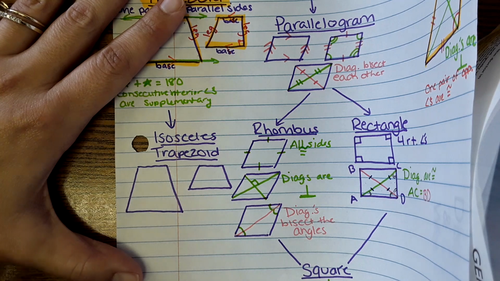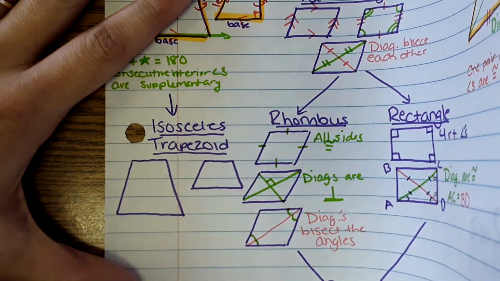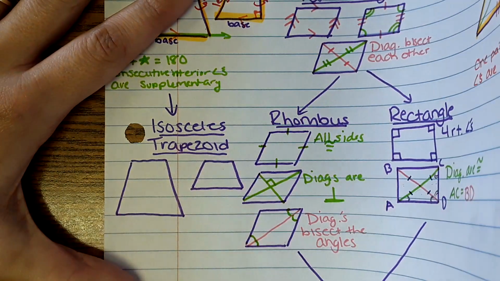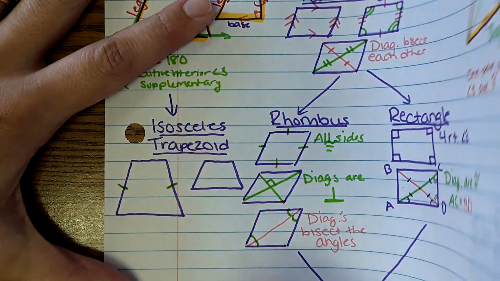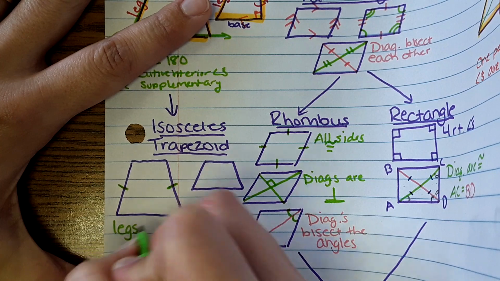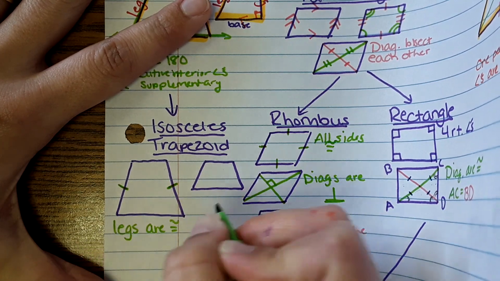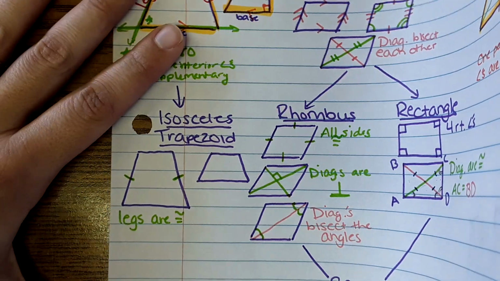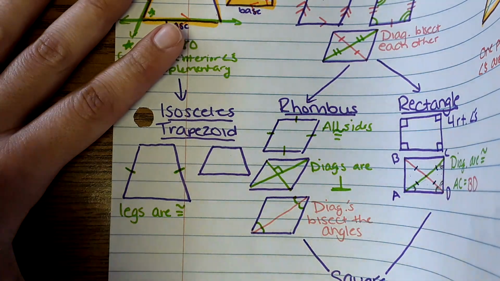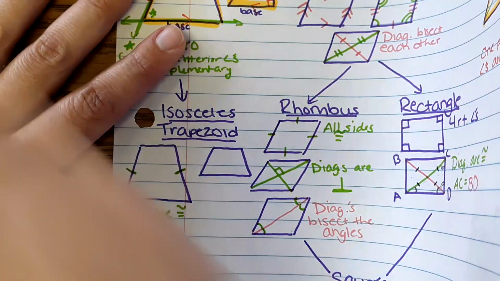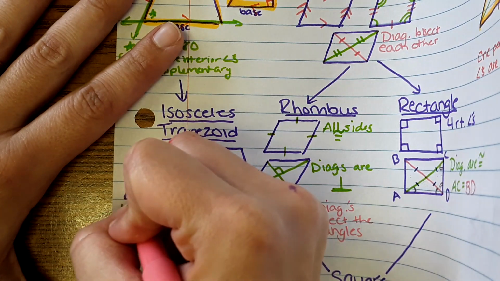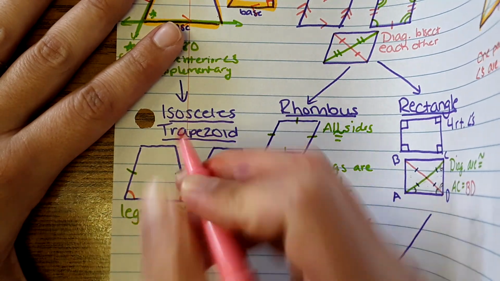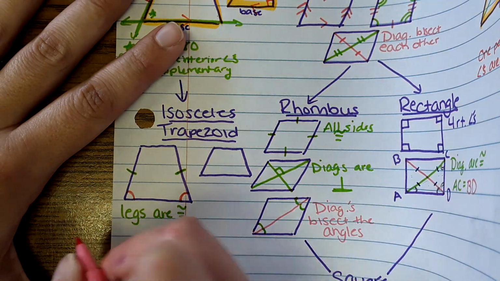Okay, so isosceles triangle is when you have two sides that are the same length in a triangle. Isosceles trapezoid, same idea. The legs are equal in length. So the legs are congruent in an isosceles trapezoid. And then because of that, you have angles that are equal. So these legs are congruent, so therefore this angle is equal to this angle, and these are called base angles.